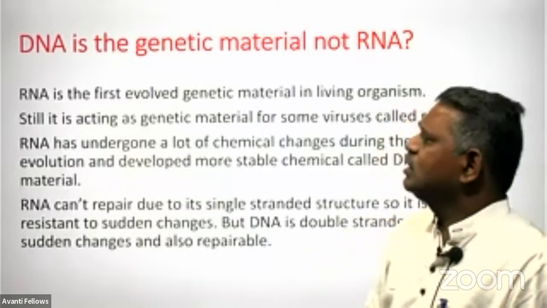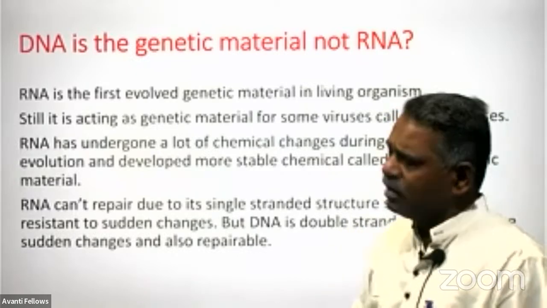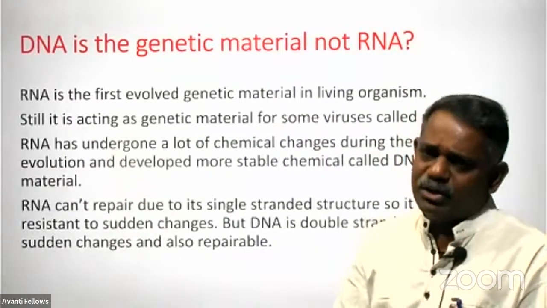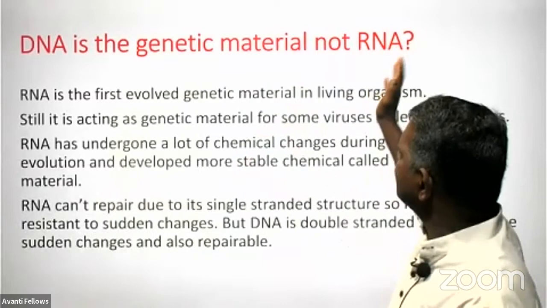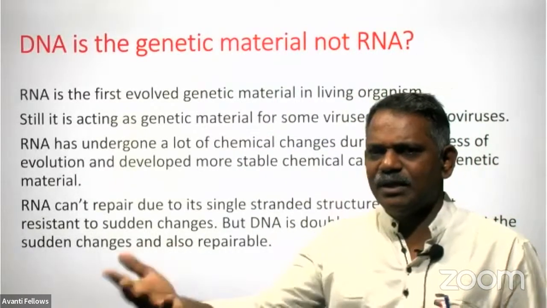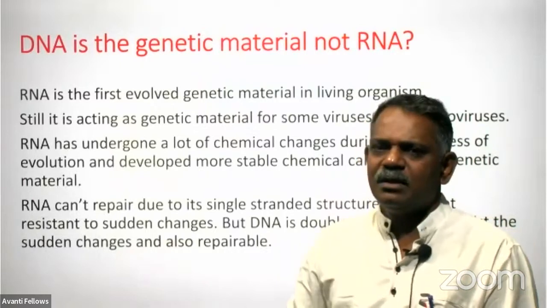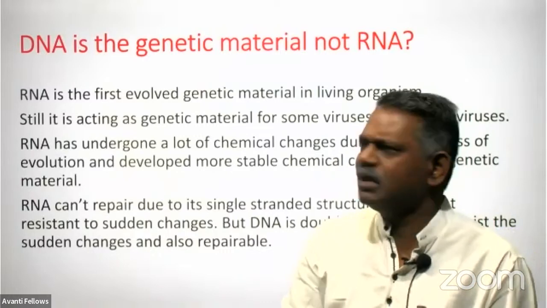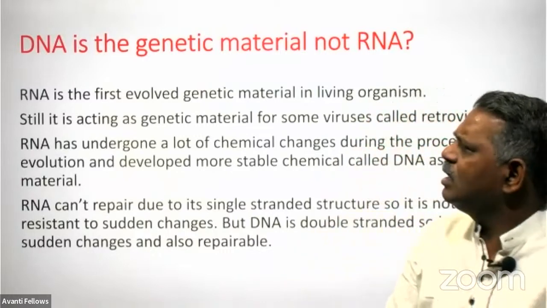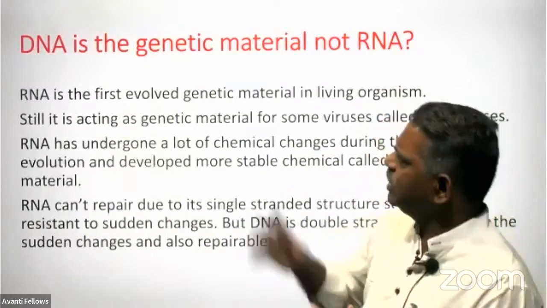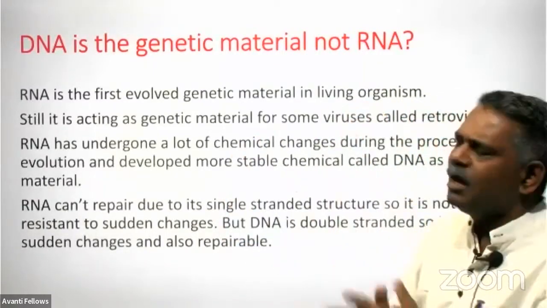But which nucleic acid is good for keeping the information? Is it DNA or is it RNA? We will see some experiments later to prove that DNA is the real genetic material, because DNA can act better than RNA as a genetic material. So DNA is the real genetic material, not RNA.